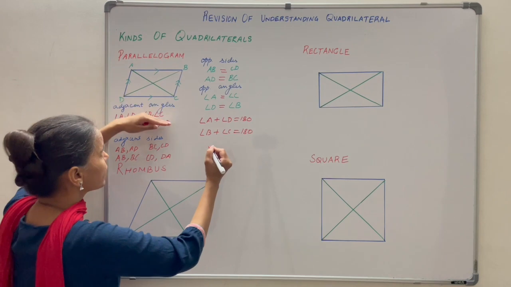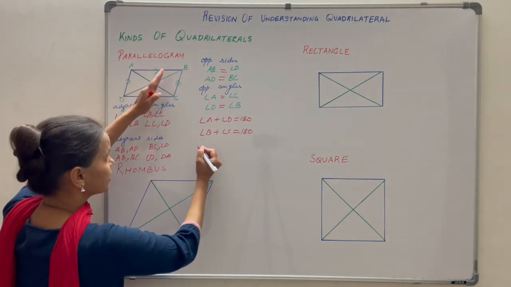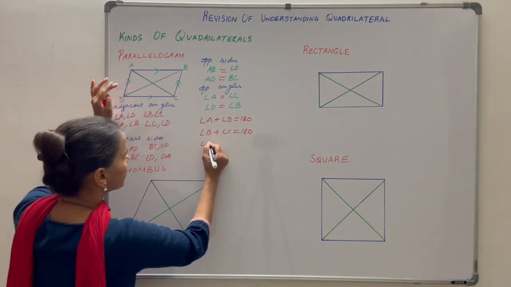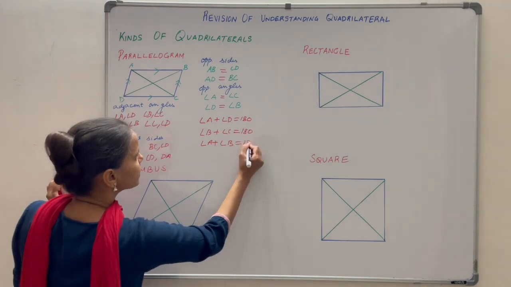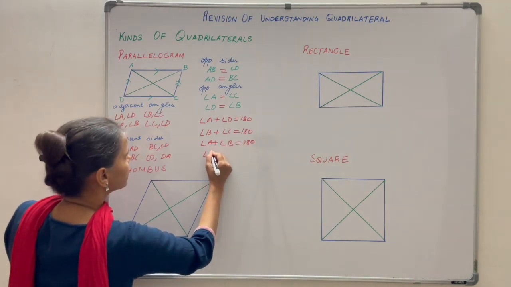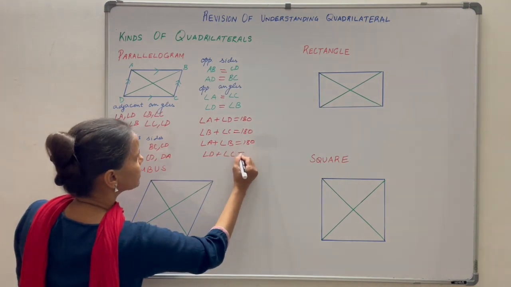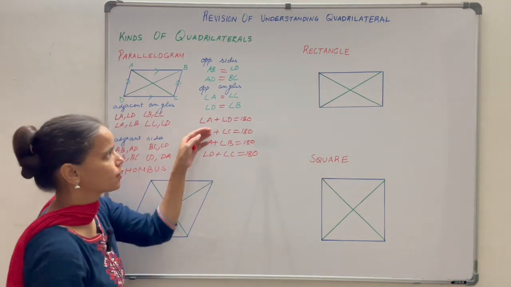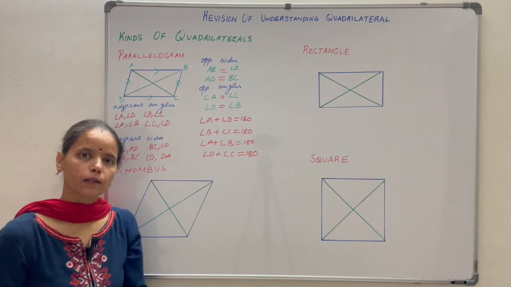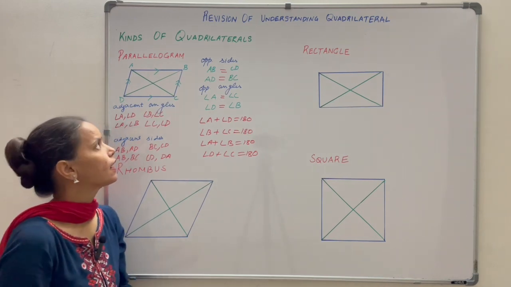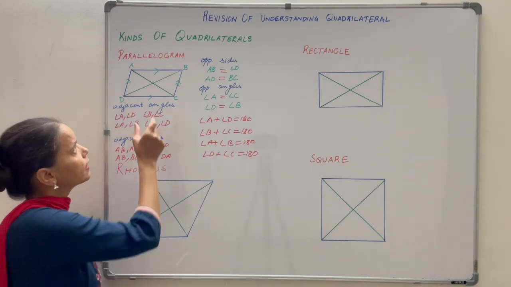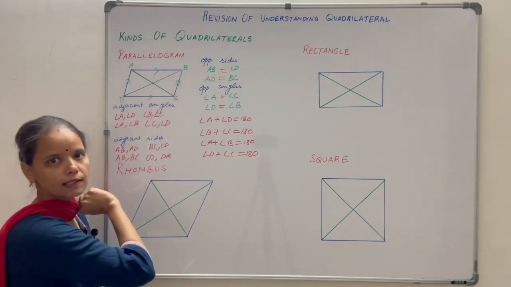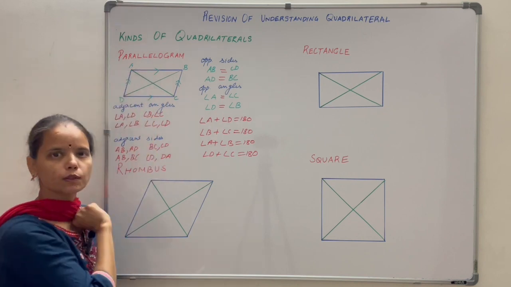When you take these two lines parallel, then angle A plus angle B equals 180 degrees. Angle D plus angle C equals 180 degrees. So adjacent angles in a parallelogram are supplementary. And the diagonals, they bisect each other. That means this length is equal to this length and this length is equal to this length.